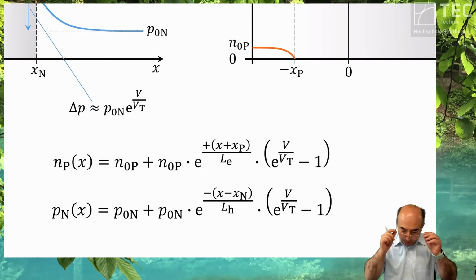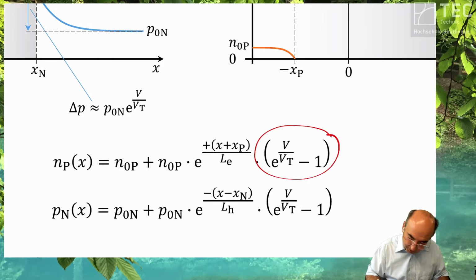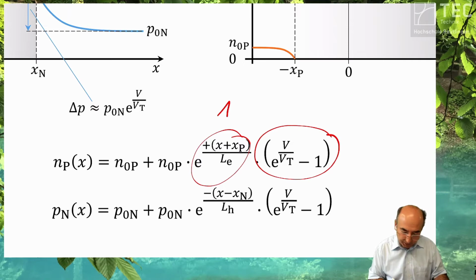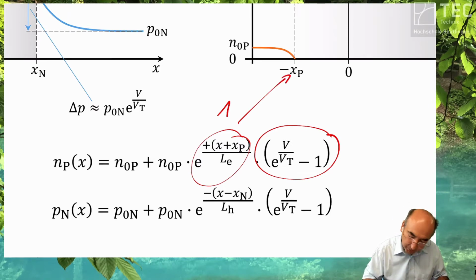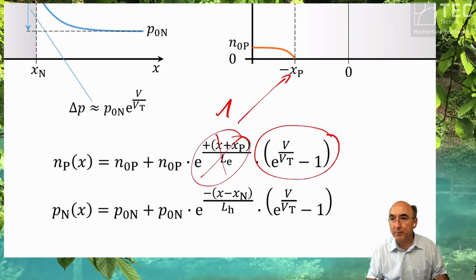I want you to calculate this factor. Assume this is 1. Where is this factor 1? It is at the space charge boundary, okay? At the space charge boundary, this factor is 1, so don't calculate it, it's 1.